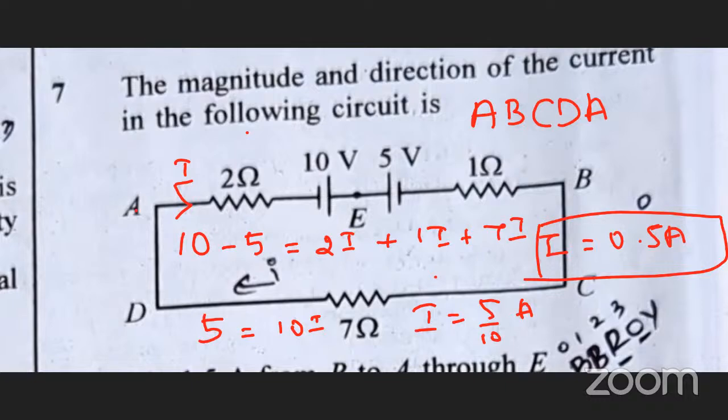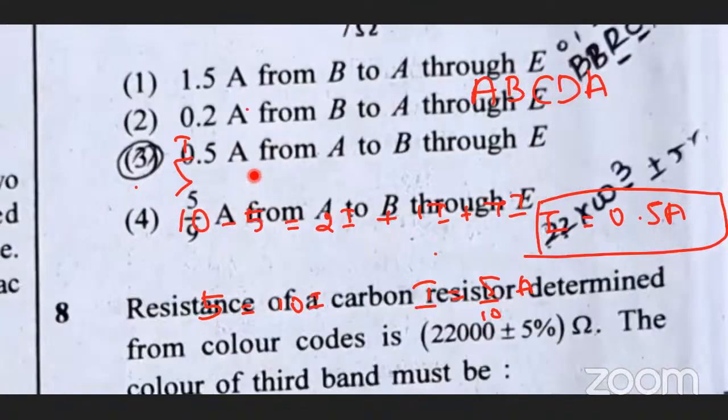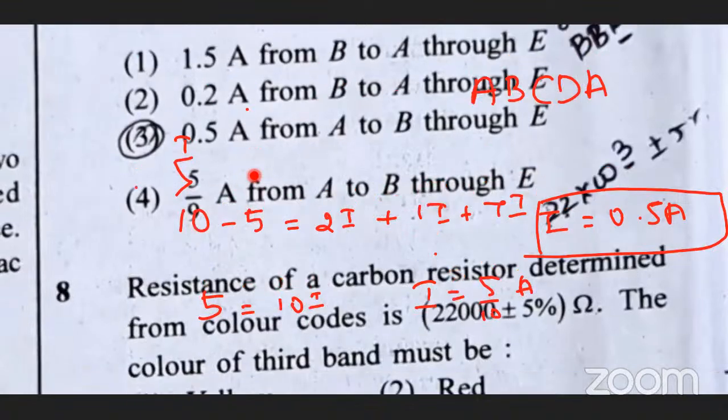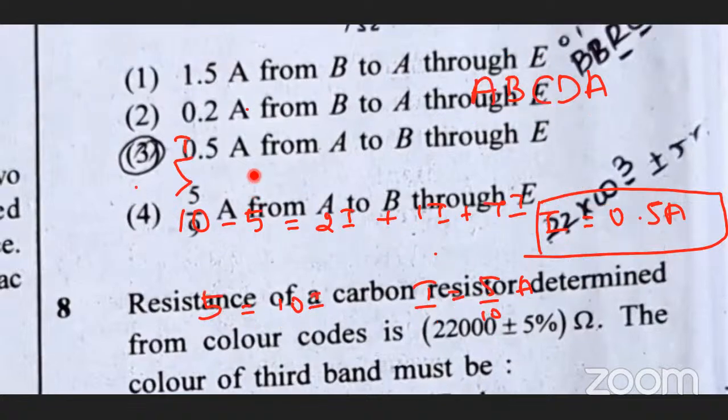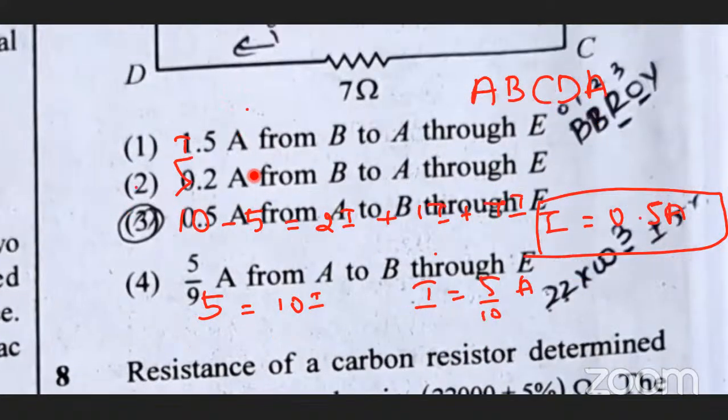The current will move from A to B, C, D, and A, in this direction, and the value of the current is 0.5 ampere. So the correct answer is option number 3, 0.5 ampere from A to B through E. If we get the I value as negative, then the current will move from B to A, not from A to B.